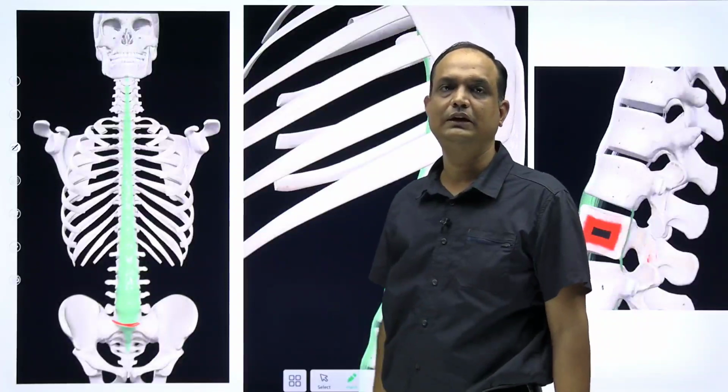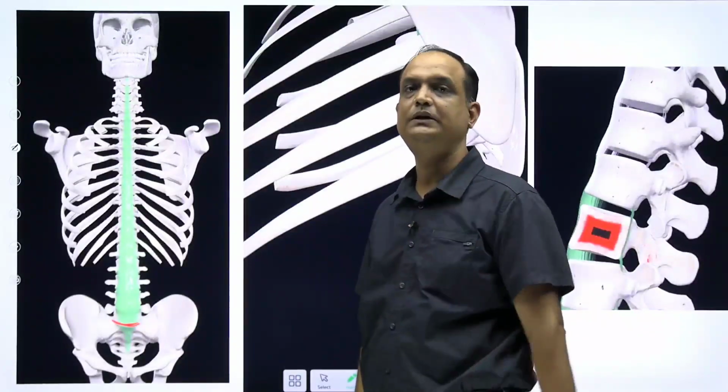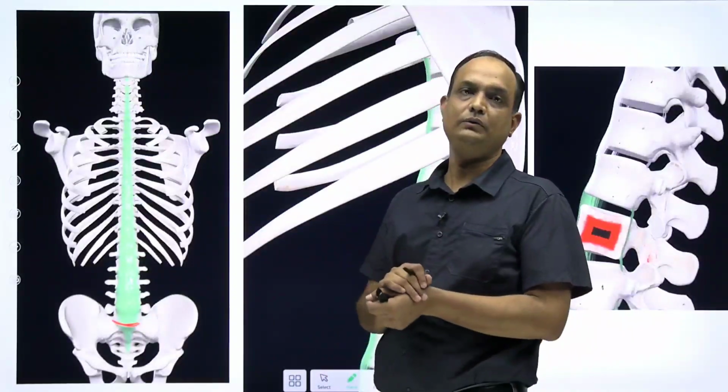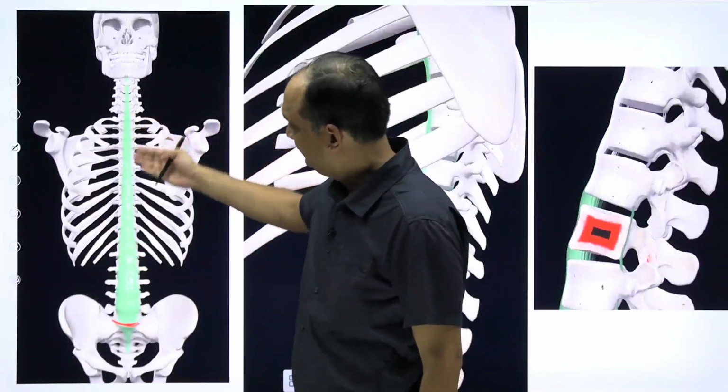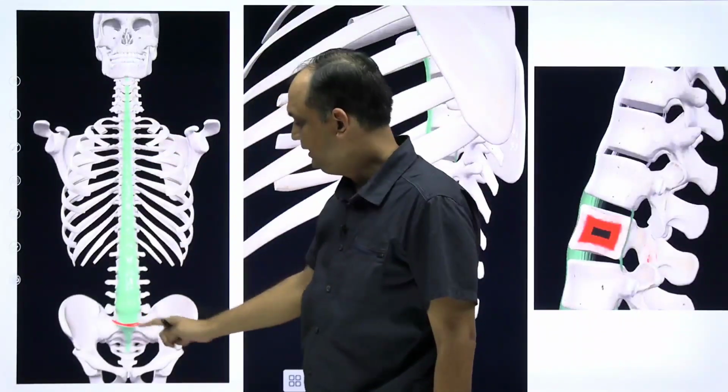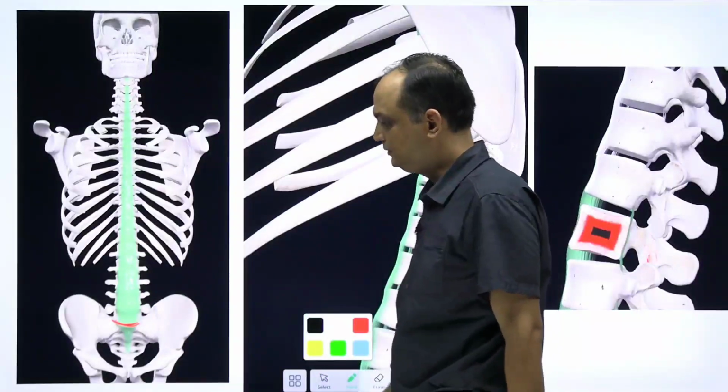This is the question for your exam: where is the lower attachment of the anterior longitudinal ligament? The anterior longitudinal ligament ends at the anterior border of S1, which is known as the promontory.